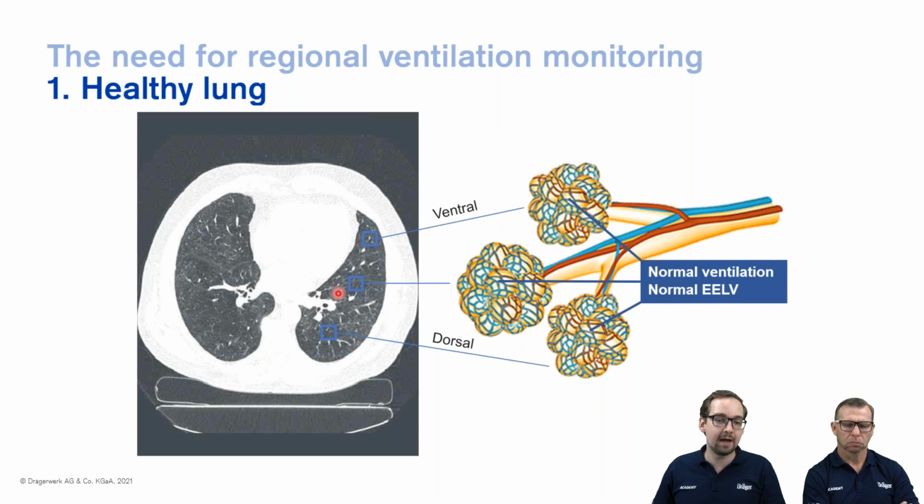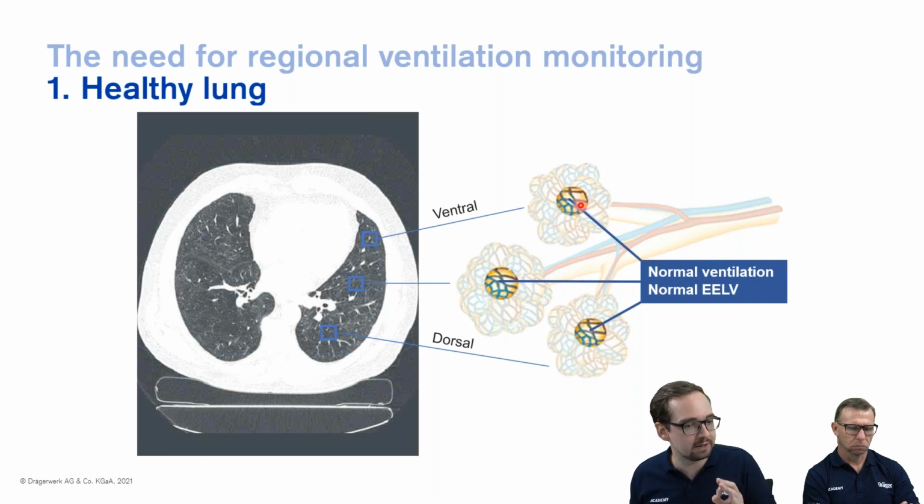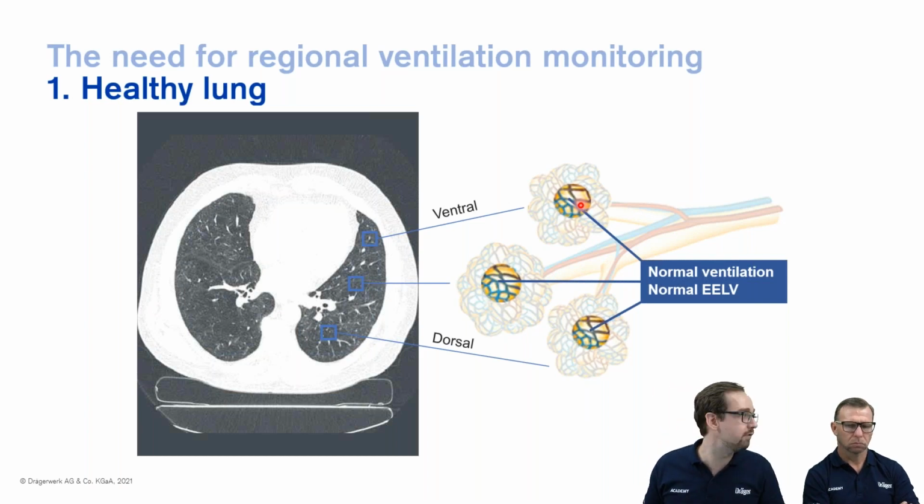Lung function, we all know, happens on an alveolar level. In a healthy lung, we are expecting to see normal filling and emptying of alveoli. So something like this. This is a healthy lung. On the left, we see a CT scan which tells us about air content. It gives us morphological information.